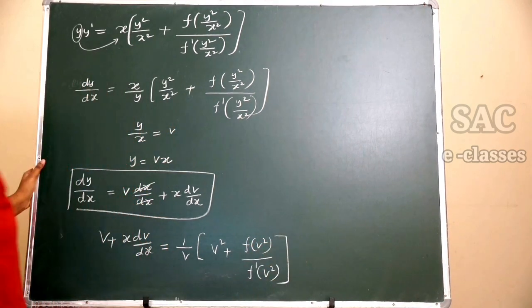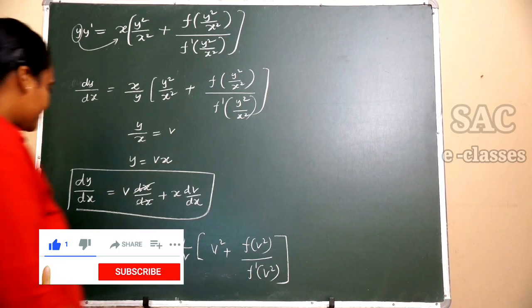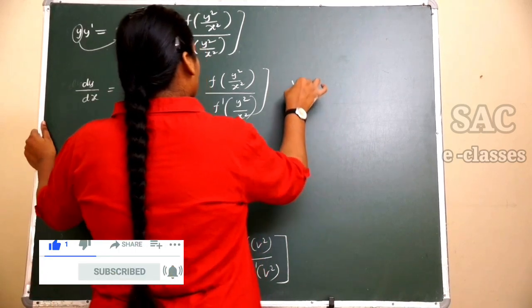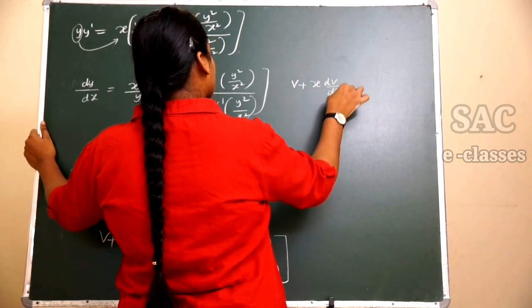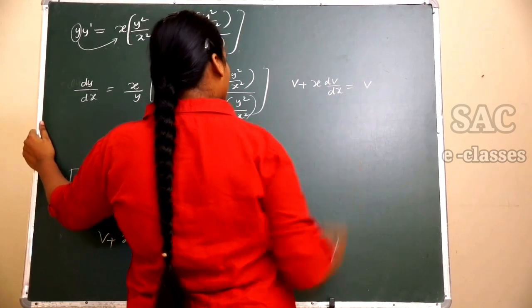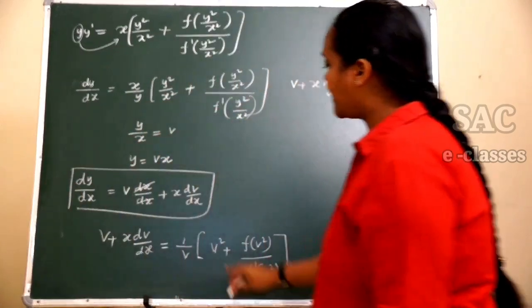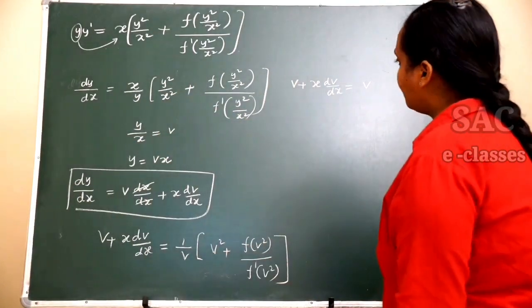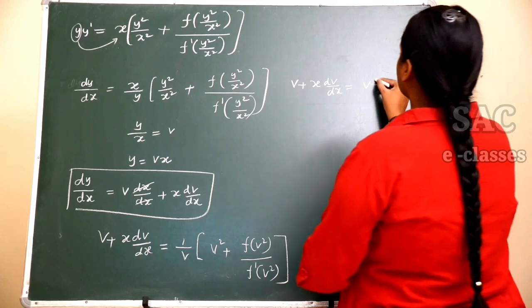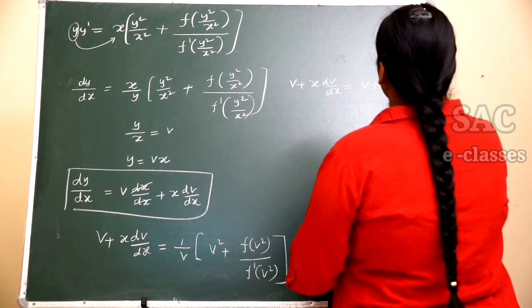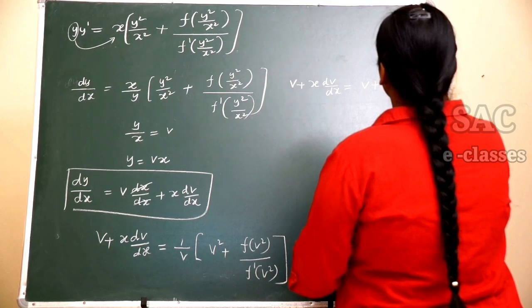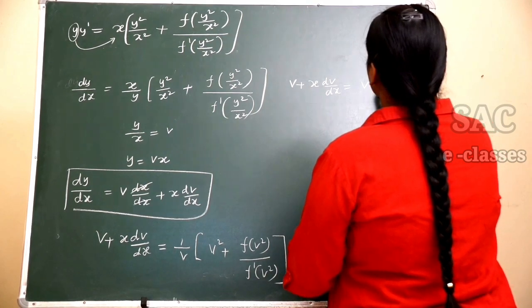Let's simplify now. v plus x dv by dx is equal to v. I have multiplied v square into 1 by v, which is v, plus f of v square by f dash of v square with 1 by v.